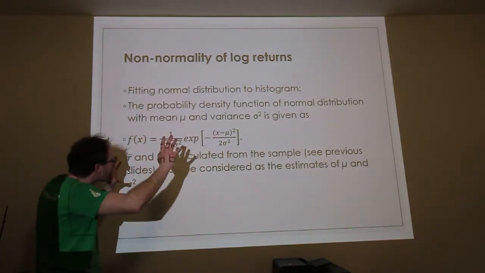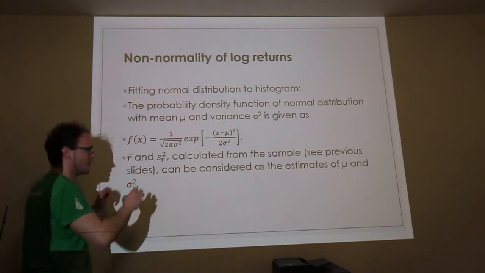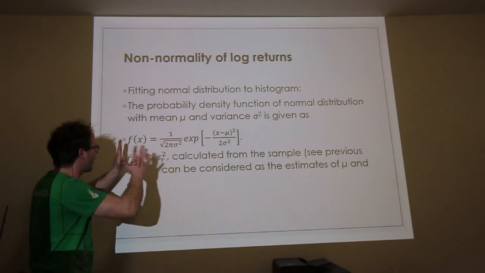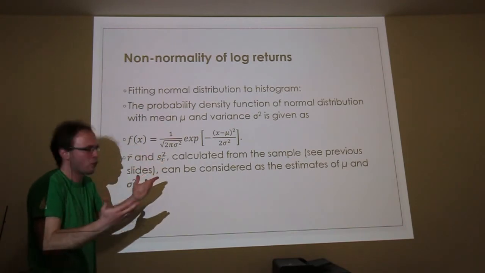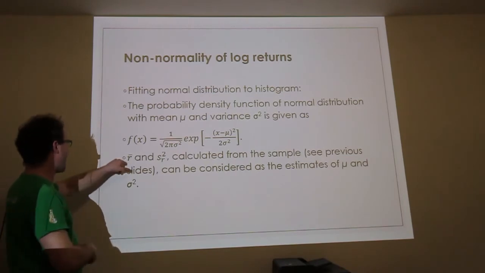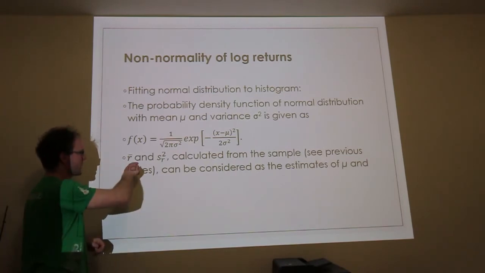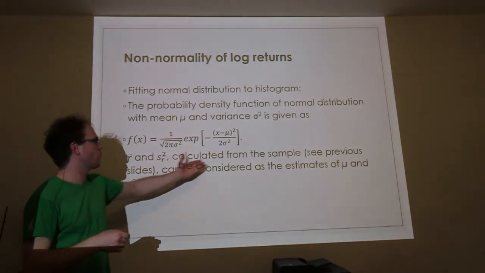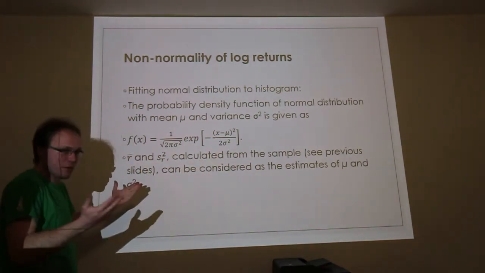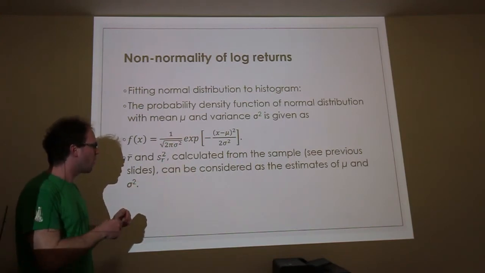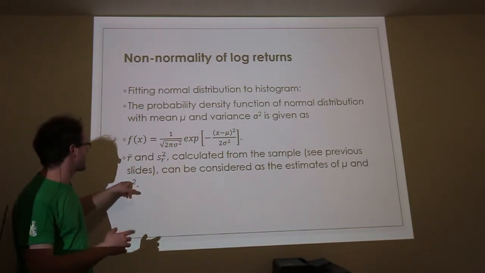So it's not difficult. It looks difficult, but it's not. You can calculate this in Excel, for example, by a simple function. R with a stripe and S_R squared, calculated from the sample, see the previous slide, can be considered as the estimates of mu and sigma squared.